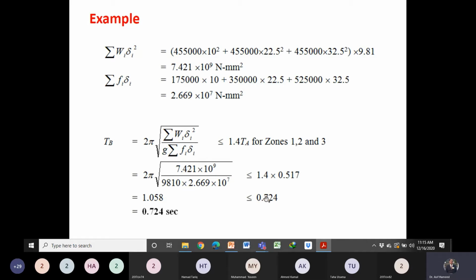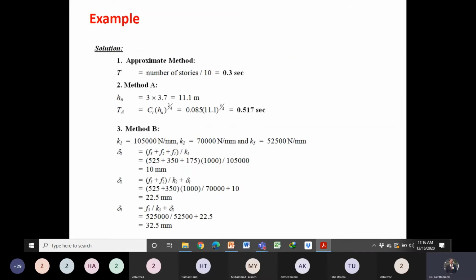The method B value should be less than 0.724, but it's more than that. So the time period by method B of the UBC code is taken as 0.724. In this way, we can calculate the time period for the structure by using the 3 methods.